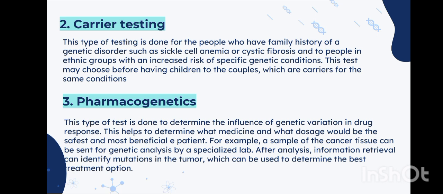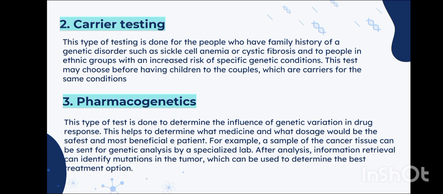Because every person has different genes, drugs affect them differently. So according to that, we identify which drug is curable for the genetic disorder, and how we can provide the safest dose or a safe medicine for the disorder.